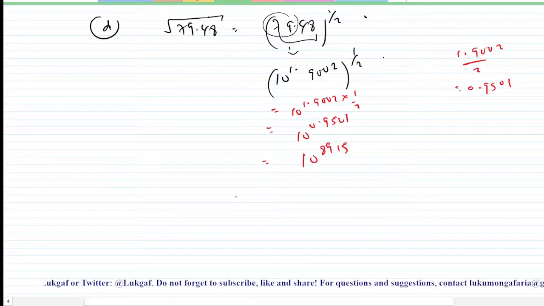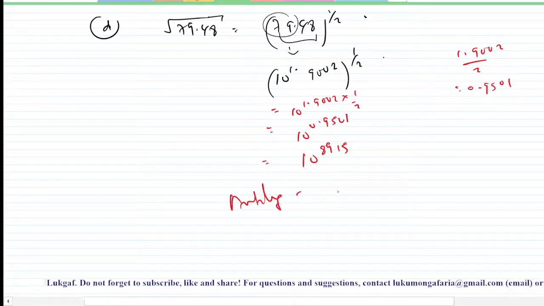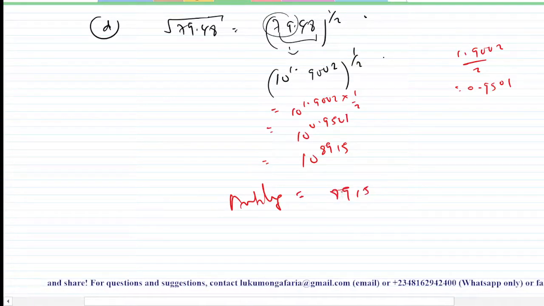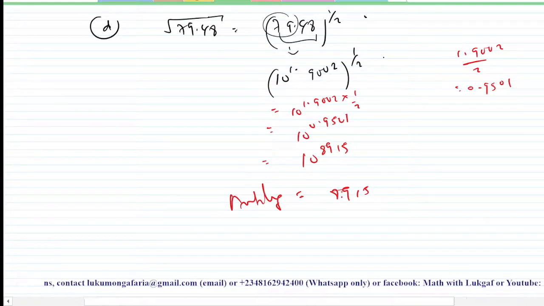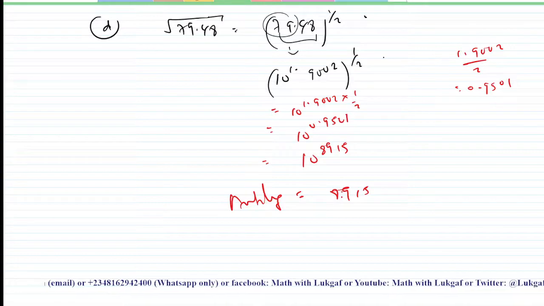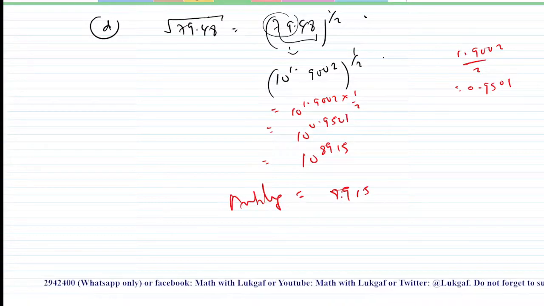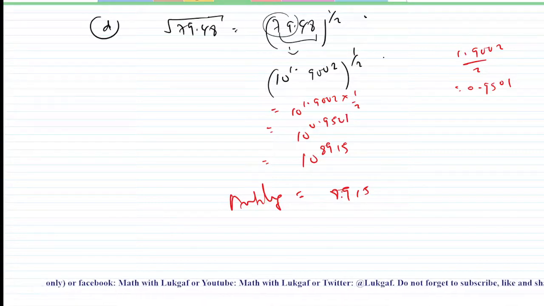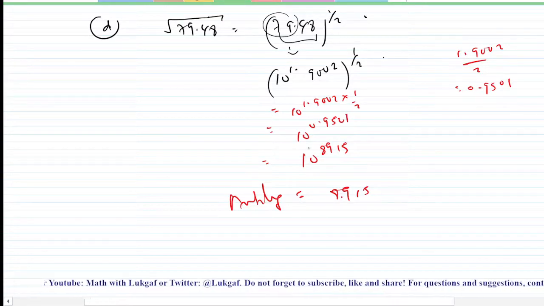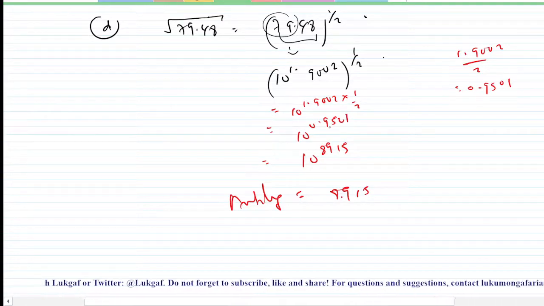So the antilog of this is 8915, and you just use this to place the decimal, that's 1. You understand now? You can check your four-figure table with your calculator by taking the square root of 79.48, and you will get something like this.